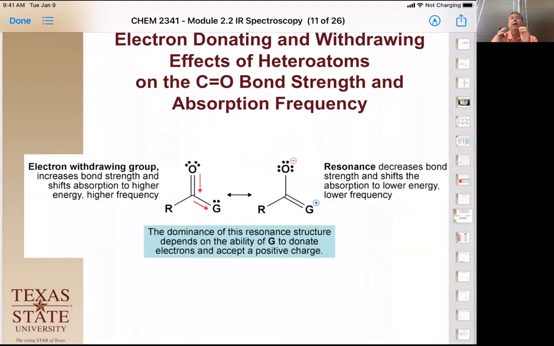Okay? The electron withdrawing group, like let's say we put a chlorine on there, is going to increase the bond strength and therefore will shift the absorption to a higher energy. So what does this mean? Well, let's look at all the different types of carbonyl functional groups we have and put them in order of highest frequency to lowest frequency to demonstrate this problem.